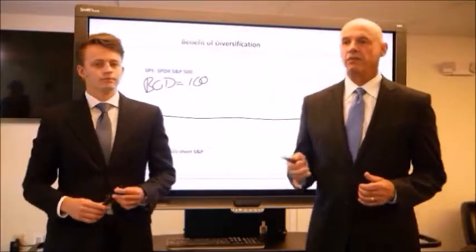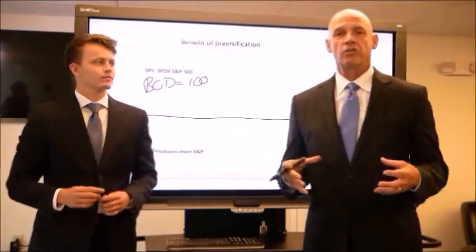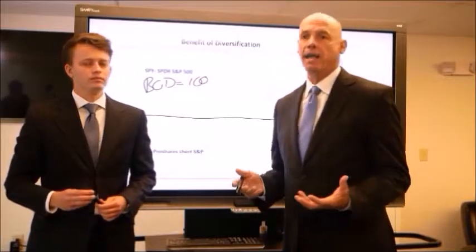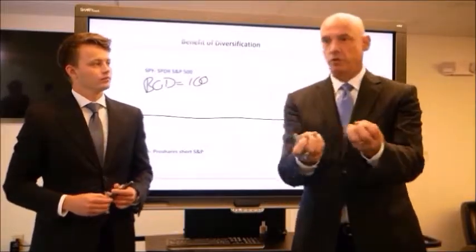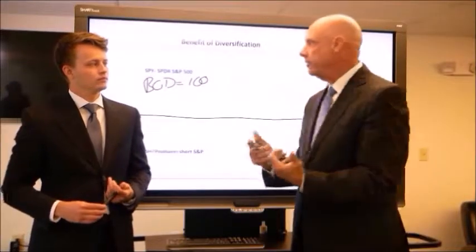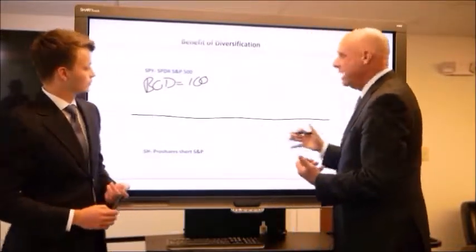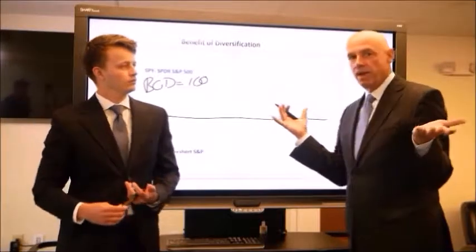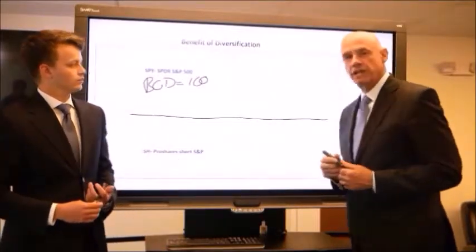So what we get from this is that sometimes our correlations can be too low or they can be too high. In the case where we have two like securities, we're not benefiting by owning two. On the other hand, if we have them perfectly negatively correlated and we have 100% benefit of diversification, that's too high.